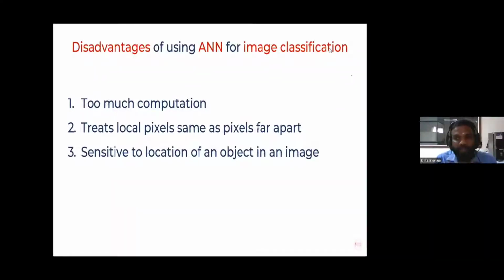If it's a simple image with 7 cross 7 pixels and a simple matrix representation, an artificial neural network is enough. If the image size is larger and has RGB layers too, it's too much computation. Because of that, you can go for a convolution neural network.